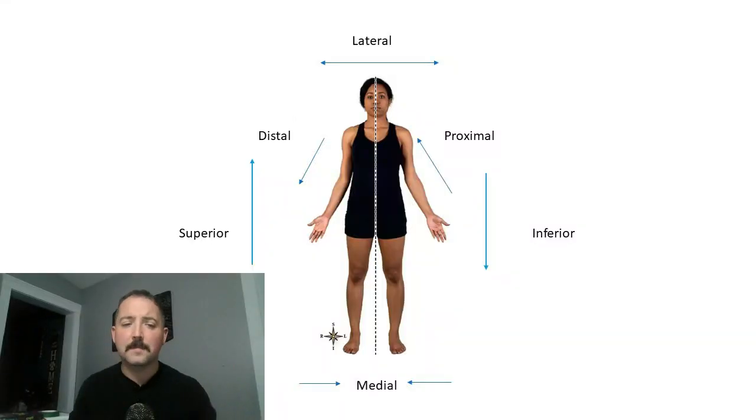Now this one's tricky. Superior and inferior work when we're talking about the head and the torso. But when we talk about the arms and legs, we need to use distal and proximal. Proximal means towards the point of attachment, like the shoulders or the hips, and distal means away. Think distal is towards digits. It might help. Anterior means front, posterior means back.